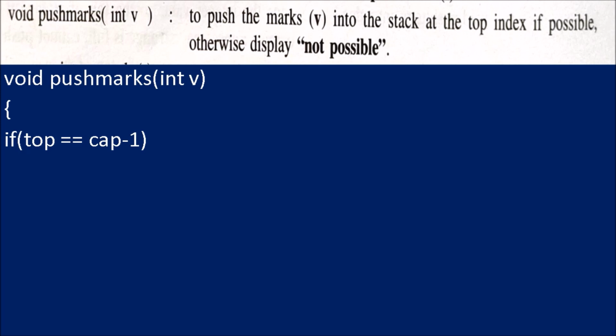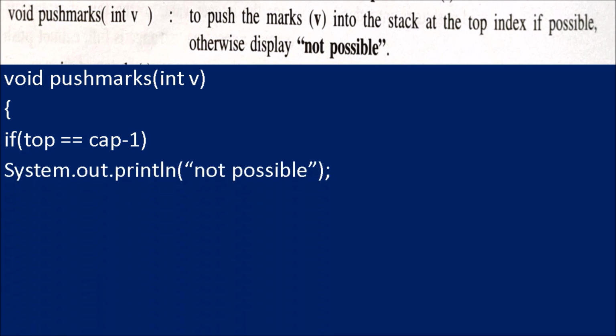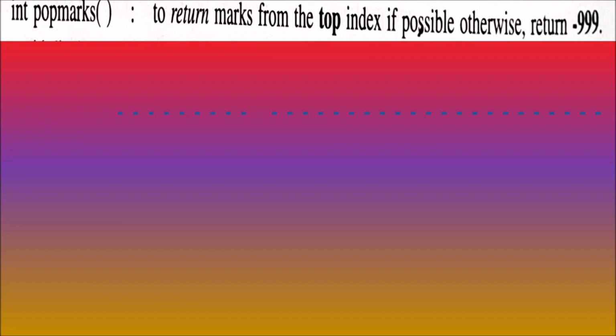Then we have to display, according to the question, not possible. So we are printing here not possible. Otherwise, only two steps we need to remember. First we increment the top index with top plus plus. Then at this index we assign the value v, so st[top] equals to v. So this is your pushMark.